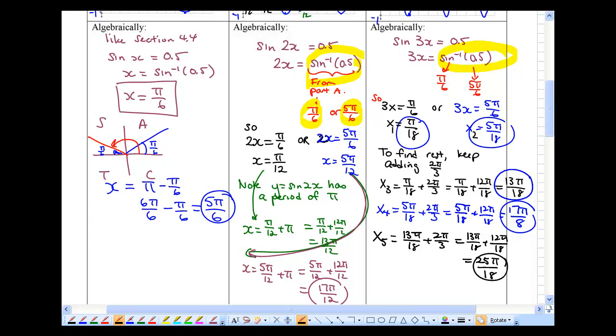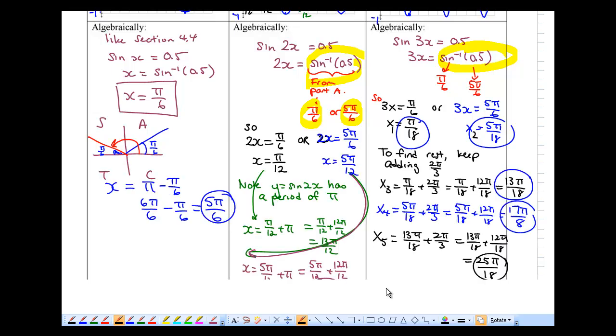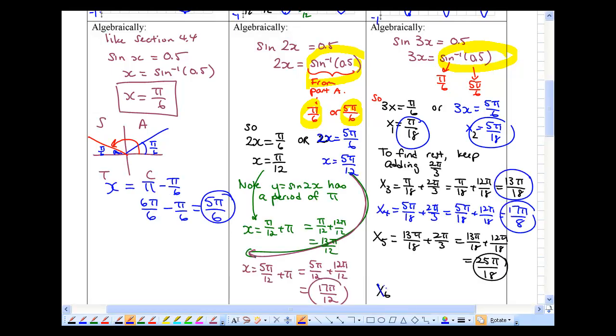And x6: 17 pi over 18 plus 2 pi over 3, 17 pi over 18 plus 12 pi over 18. How about 29 pi over 18? And those are my answers.